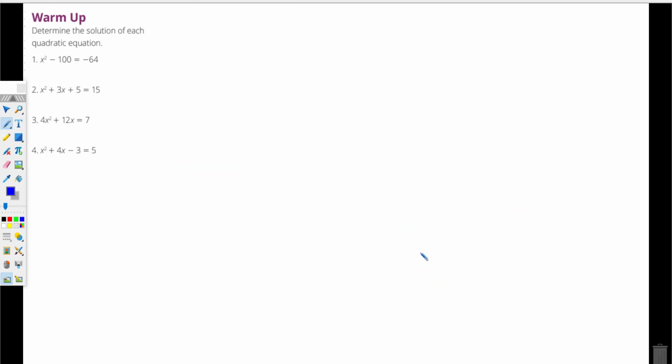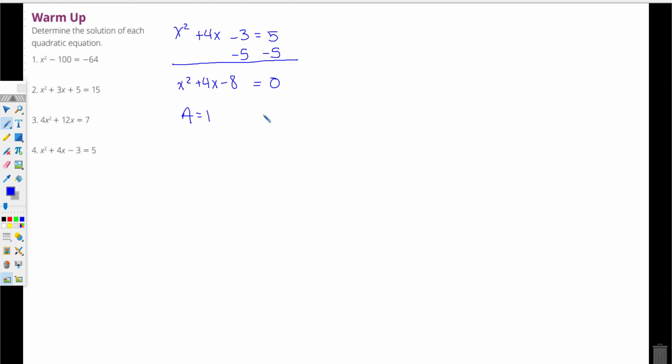Let's do one more, just kind of reminding us how we solve. And so we have x squared plus 4x minus 3 is equal to 5. I need to move the 5 over to join the other side because I want everything on the same side. And so we have x squared plus 4x minus 8 is equal to 0.